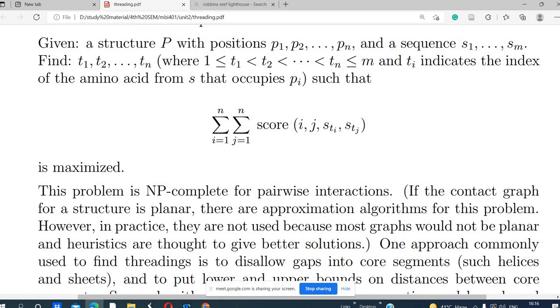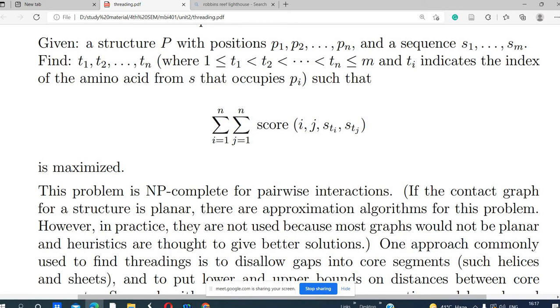So there is one structure P, with positions P1, P2. These have different structure and sequence. These are the residues S1, S2, S3. T is our target structure. Now we are aligning. If the pairs are aligning, like in one structure we take I2 and J2, then we calculate the score, meaning whether these are aligning with each other or not, I or J. So we have to calculate the pair.